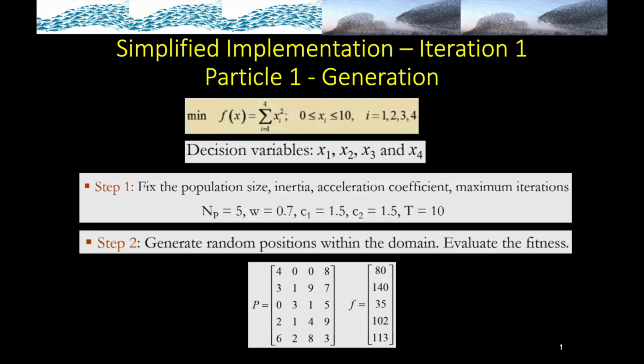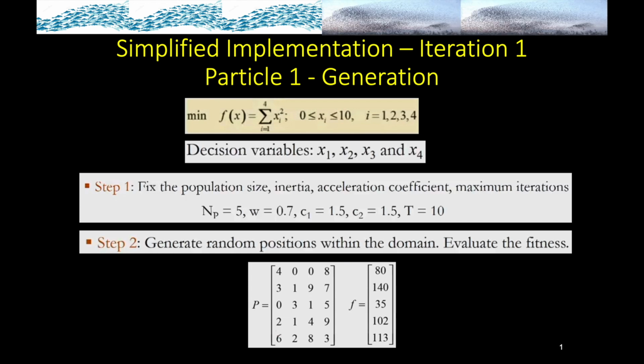We have got the inertia set to 0.7. This is the weight that is going to be assigned to the previous velocity. We have got the acceleration coefficients both set at 1.5, and finally the maximum number of iterations capital T set at 10.